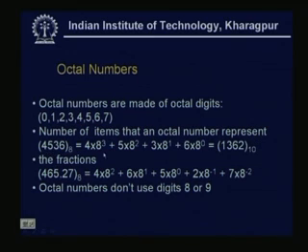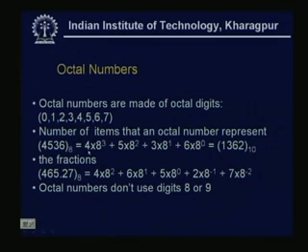The base is 8 and the positions are the same. So if it is 4, 5, 3, 6, then 6 is the 0th position, because there is no fraction here. 3 is in the first position, 5 is in the second position, and 4 is in the third position place value.